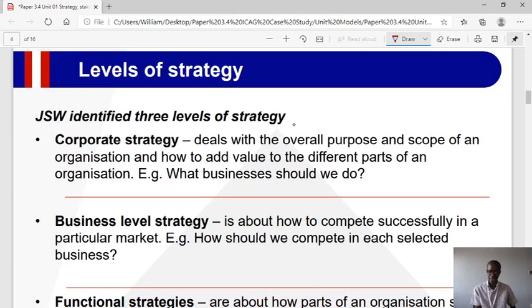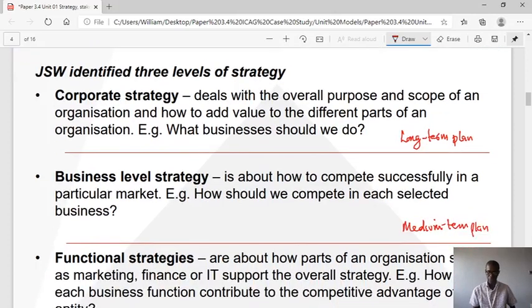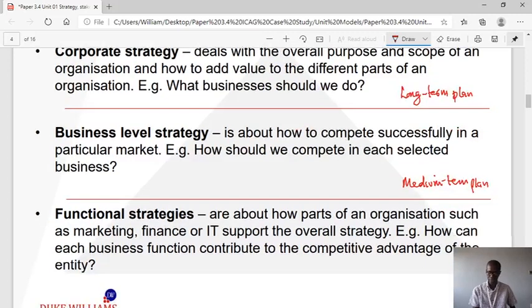In the hierarchy, the top level, which is often seen to be long term, has to do with long term plan, and the business level strategy often has to do with medium term, and then often when it is the functional strategy, in terms of time, it is often short term.